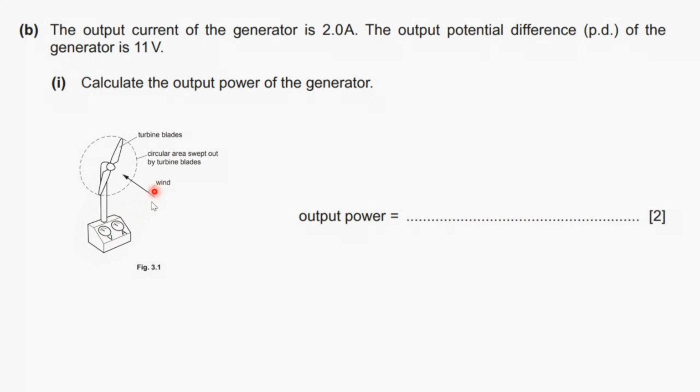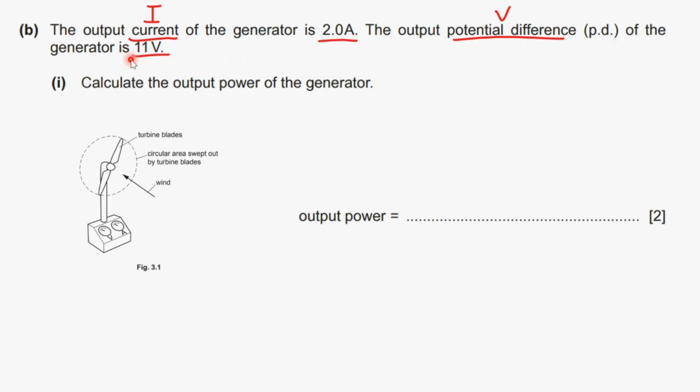So the examiner is taking us from block 1, which is energy, power, or the work-energy theorem, to a new block, which is electricity, block 4. The output potential difference is 11 volt.